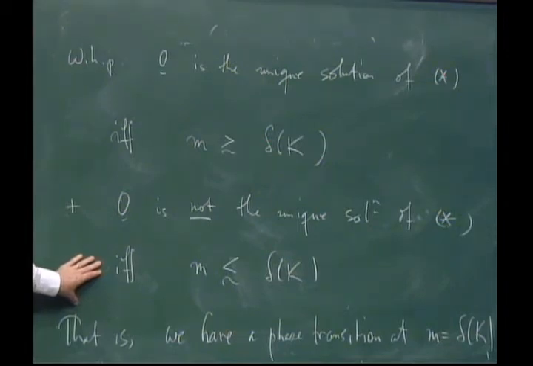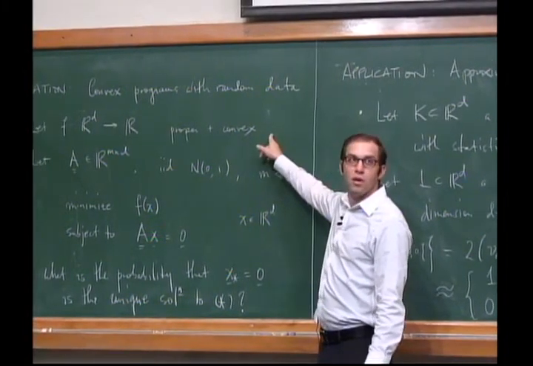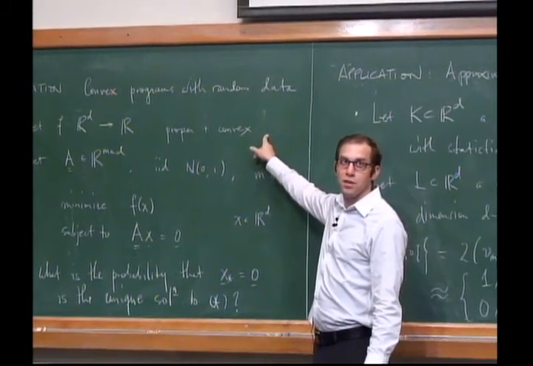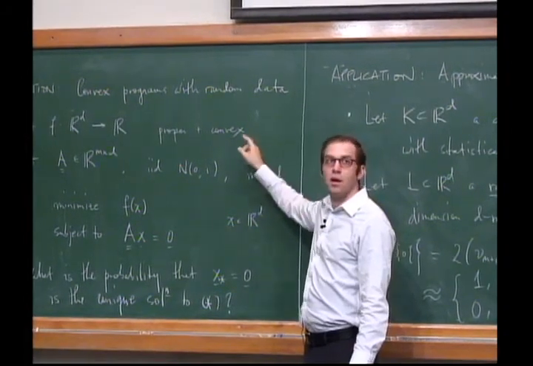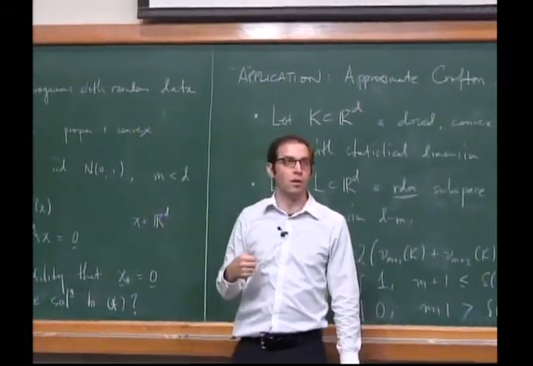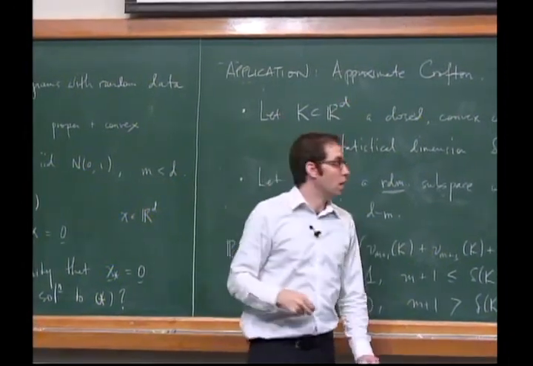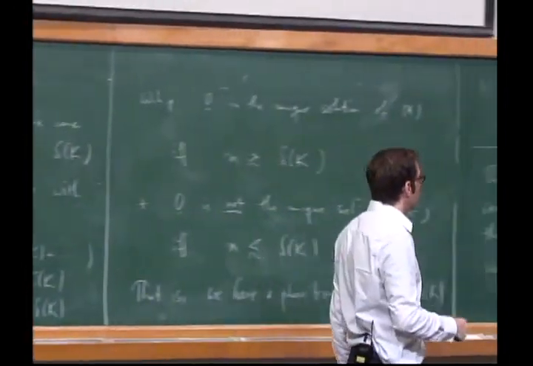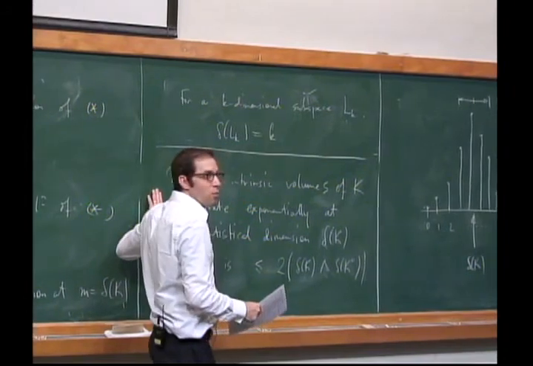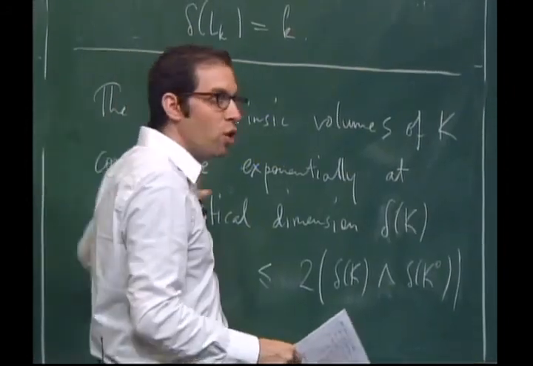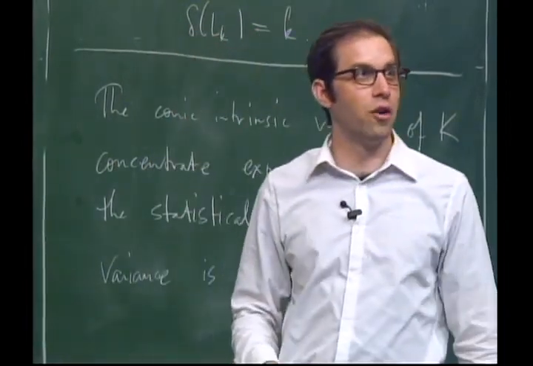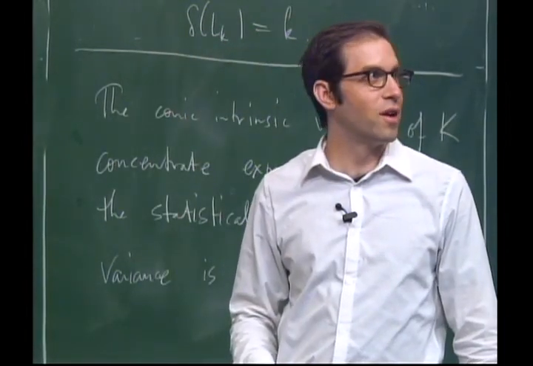And that change happens abruptly at the statistical dimension of the cone, which is the set of descent directions of the objective function at 0. So this gives you a way to study optimization problems with random data and show that they always exhibit a phase transition. In the next hour, I'm going to try to explain a little bit about what this means more precisely and how you can derive this from a beautiful geometric result called the Steiner formula for cones. All right, thanks so much for your attention.